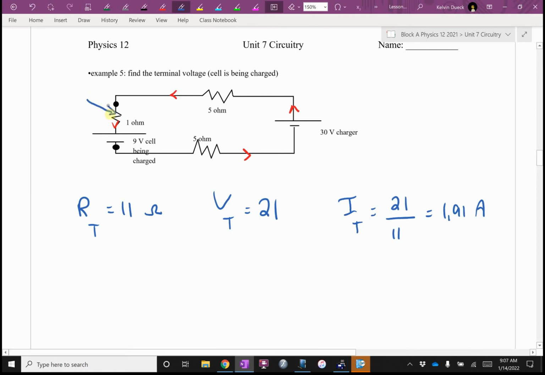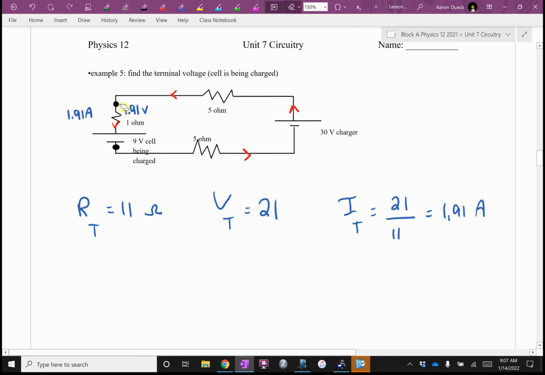How many amps going through this little 1 ohm resistor here then? 1.91 amps, yes? How many volts in this resistor? Well, it's going to be 1.91 times 1. But we're going backwards.